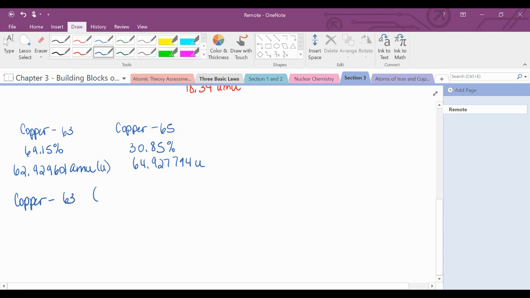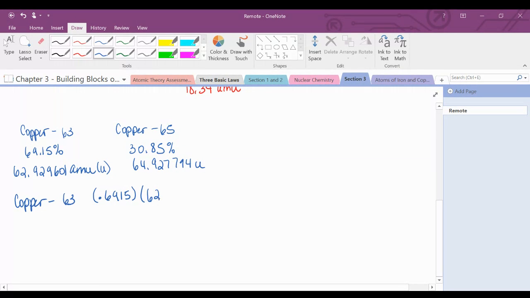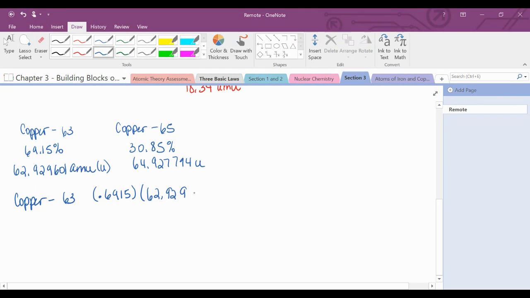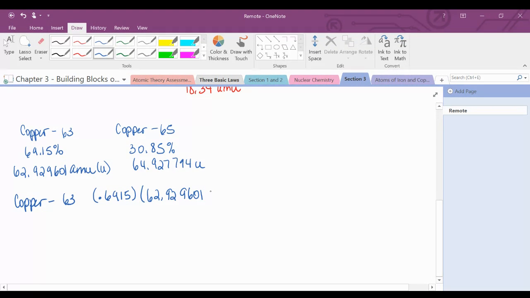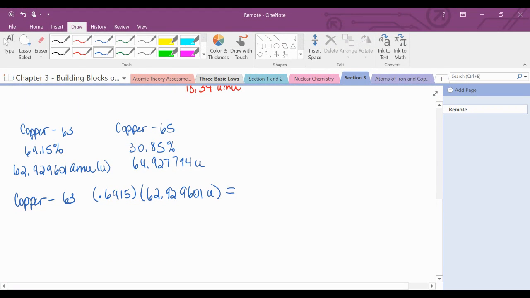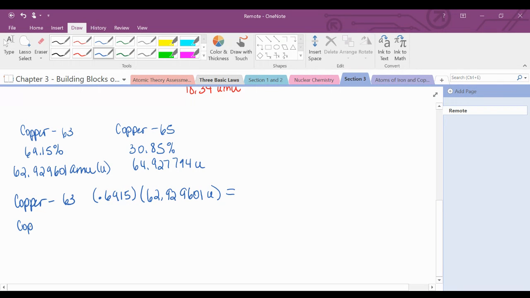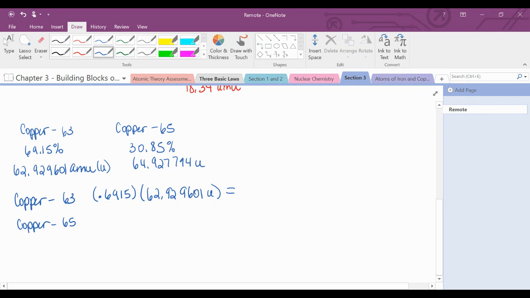Okay. Now remember, we're going to convert that percentage to a decimal. So we're going to need to divide 69.15 by 100, and we get 0.6915, and we're going to multiply that by the mass. All right, for copper 65, we're going to take the percentage and divide by 100.